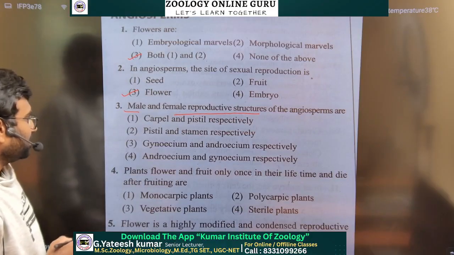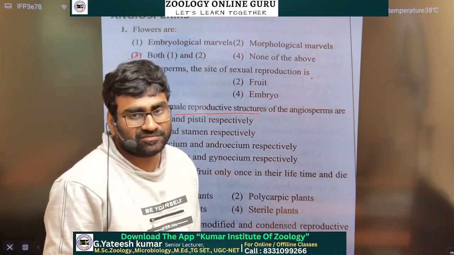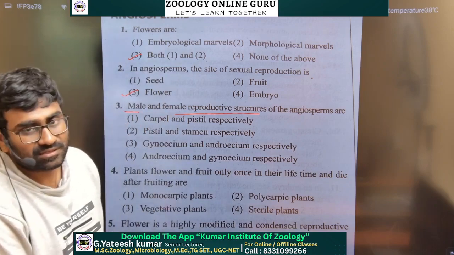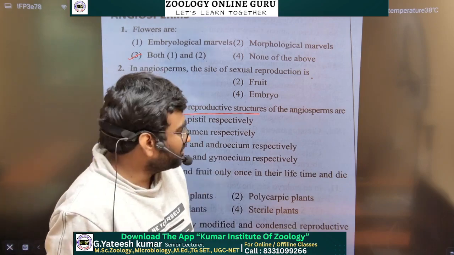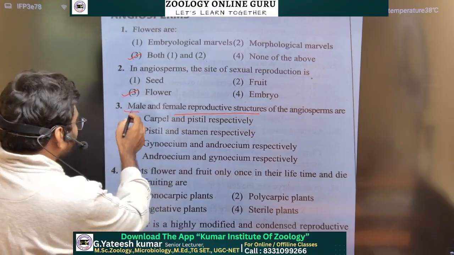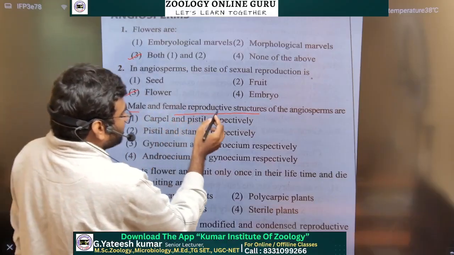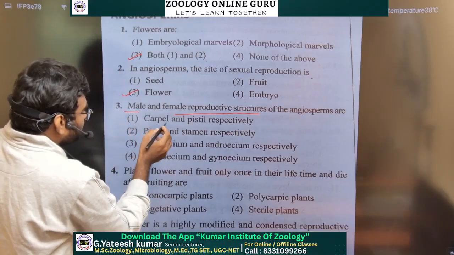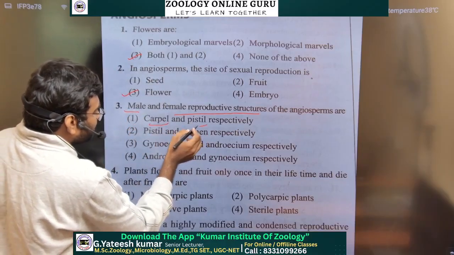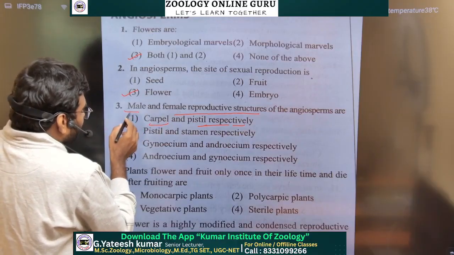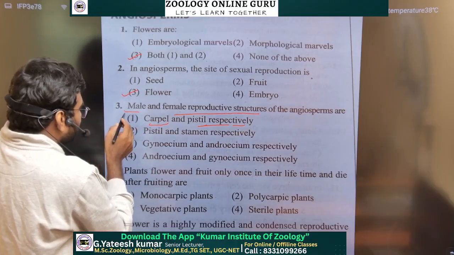Here the male structure is the androecium, the female structure is the gynoecium, and the unit of the androecium is the stamen, and the unit of the gynoecium is the carpel or pistil. So, respectively, male and female reproductive structures of the angiosperms. First option, carpel; second option, pistil respectively. No. Male means stamen.